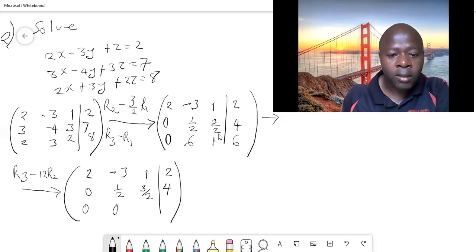This one by 12 gives us 18, and 18 from this gives us negative 17. This one by 12 would be 48, and 48 from this gives us negative 42.